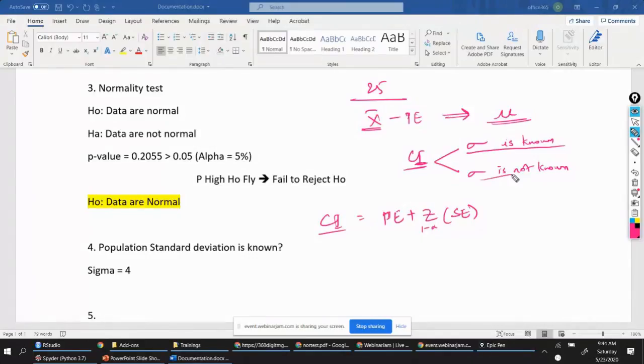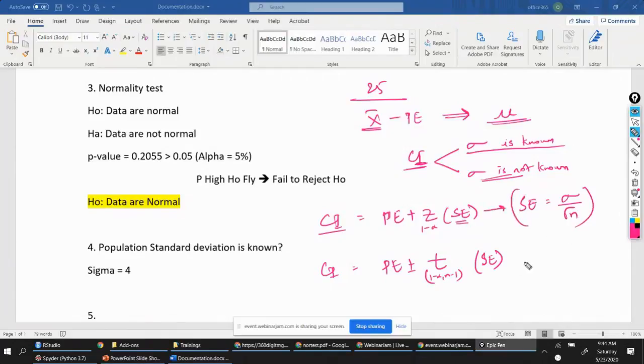If sigma is not known, then my confidence interval says point estimate plus or minus T, the Student T distribution at 1 minus alpha, n minus 1, into standard error. And the standard error here, because I know sigma, will be sigma by square root of n.